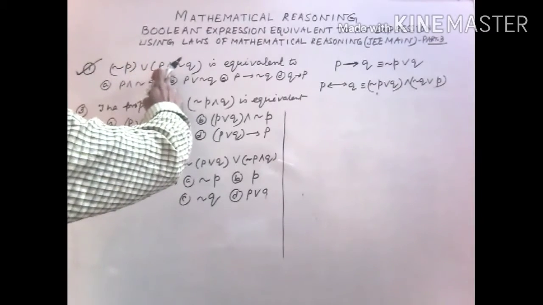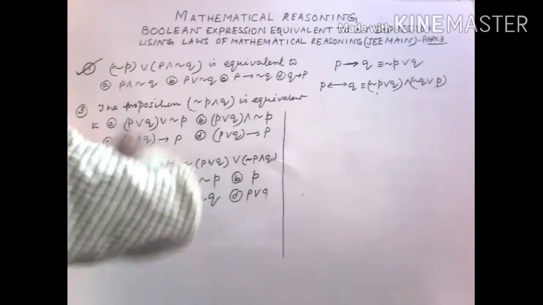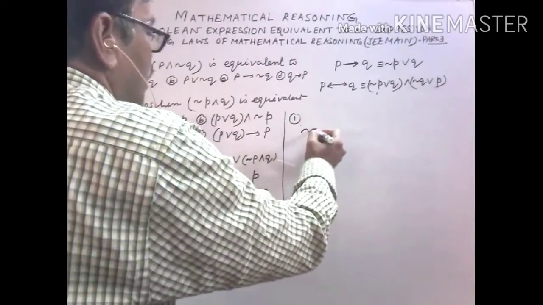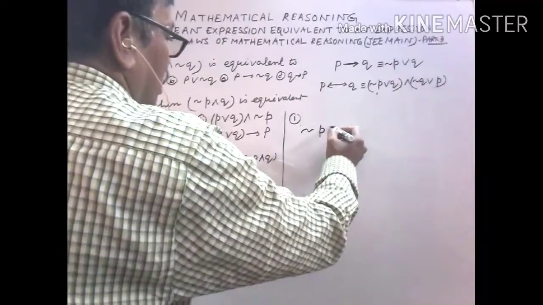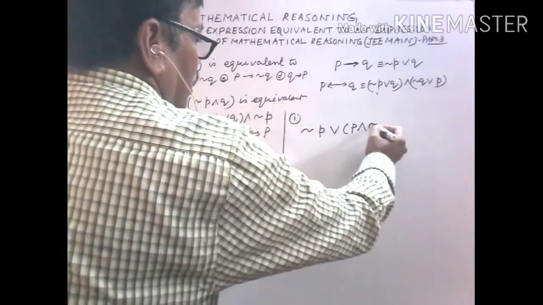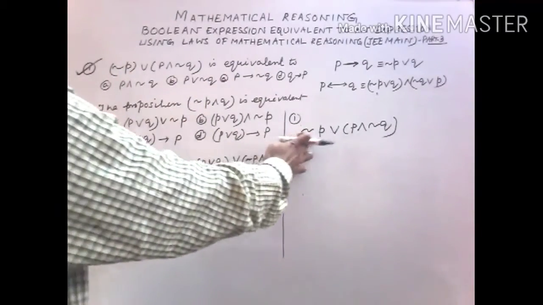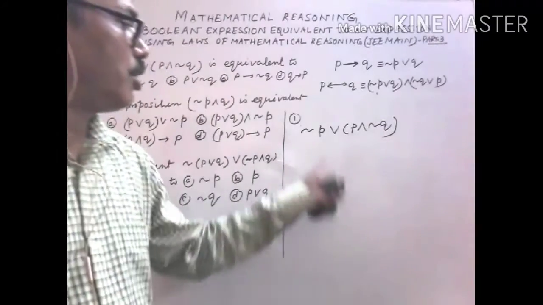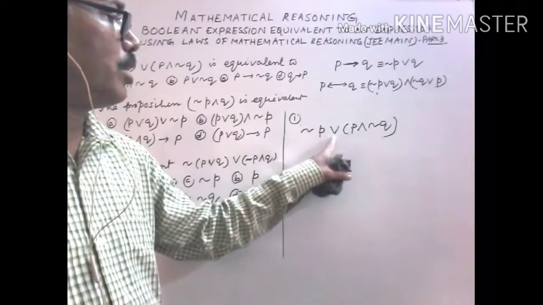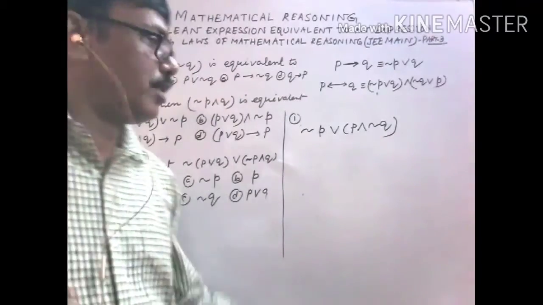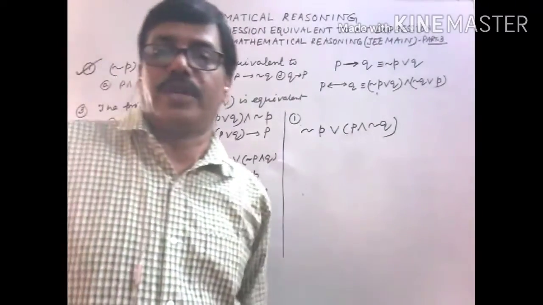So look, problem number 1: negation of P disjunction (P conjunction negation Q), this is equivalent to. Here there are two statements connected by union and intersection, that is disjunction and conjunction.